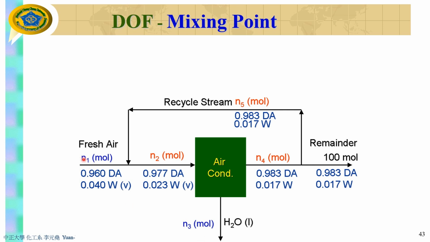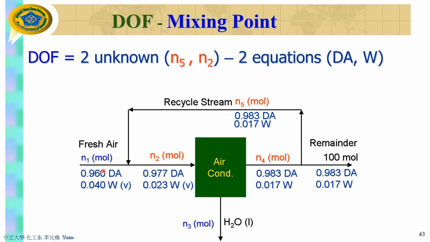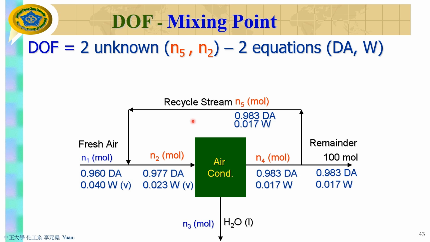And then once you got N1 and N3, let's go to the mixing point. Now you have 2 unknowns, N5 and N2, right? And then how many input streams? 2 input streams and 1 output stream. And then how many equations? 2 equations. Because you have 2 unknowns, you can have dry air input equal to dry air output, 1 equation.